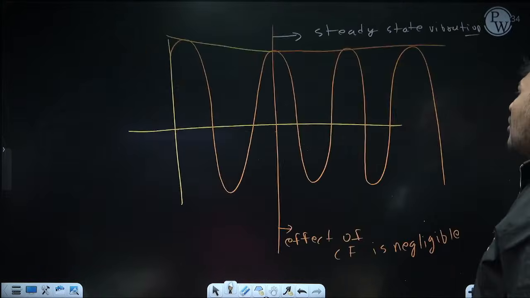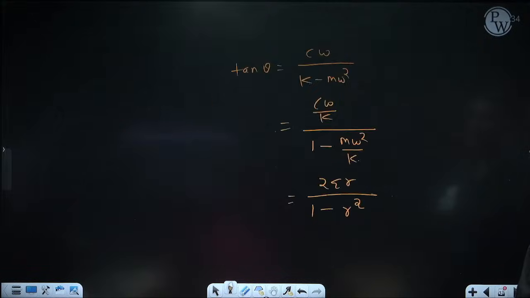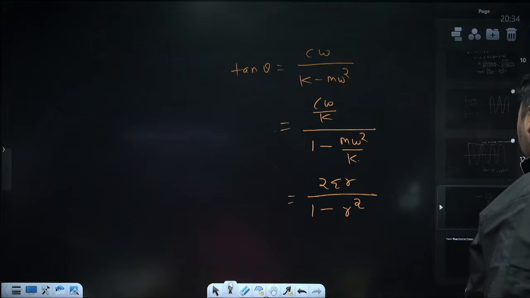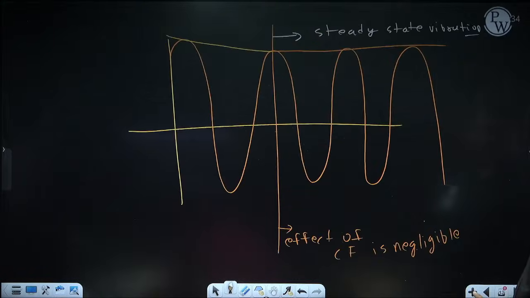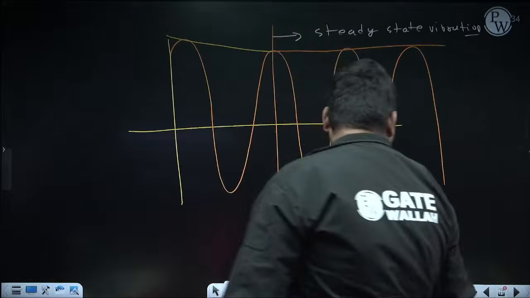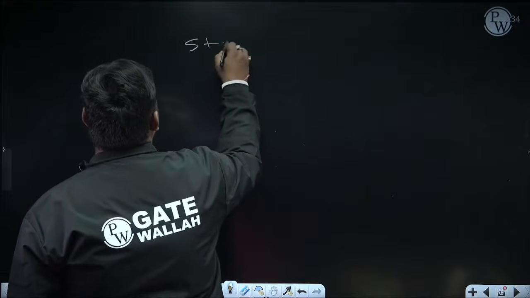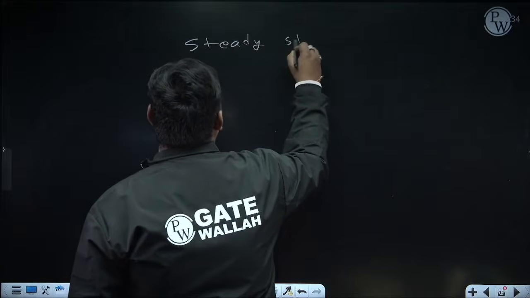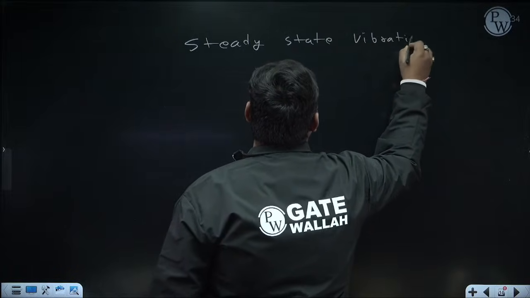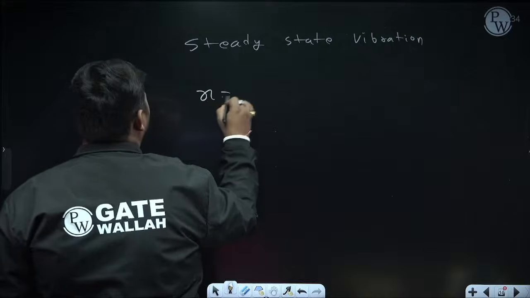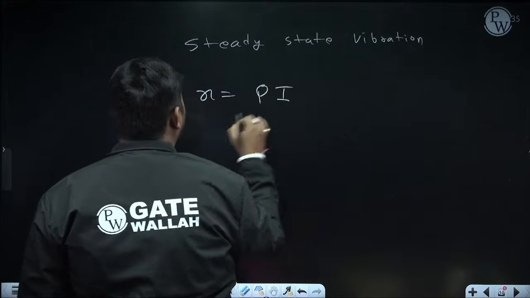Because in all forced vibration cases, after some time the effect of x_c will be negligible, and when it is negligible, x will be equal to x_p, and that vibration is known as steady state vibration. If I am saying steady state vibration, it simply means x is equal to x_p, because we are assuming x_c negligible.